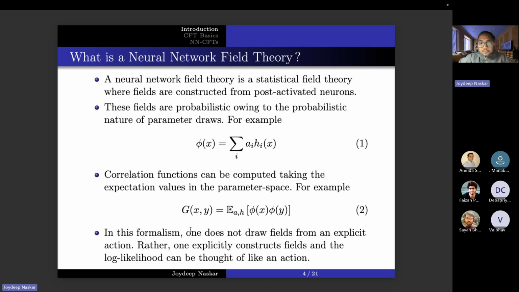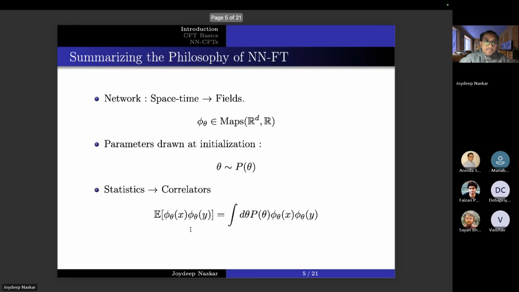So in this formalism, we are not drawing fields from an action. We don't have an action to begin with. We begin with a field, and the goal is that whatever interesting you have in an action, maybe we can design those interesting features at the level of the field itself and study them. That's the hope. So to summarize what I just said one more time: the network goes from space-time to fields.